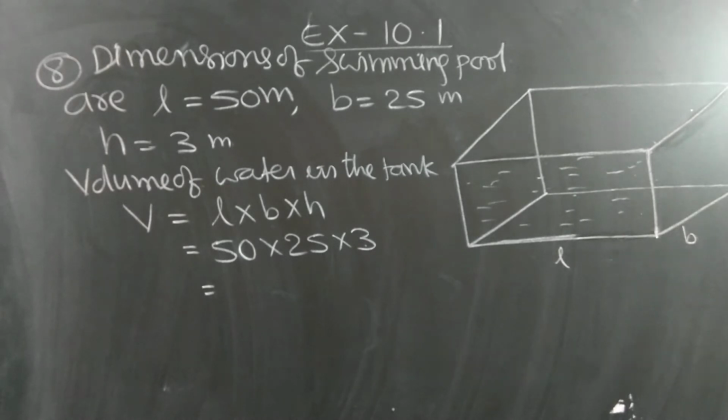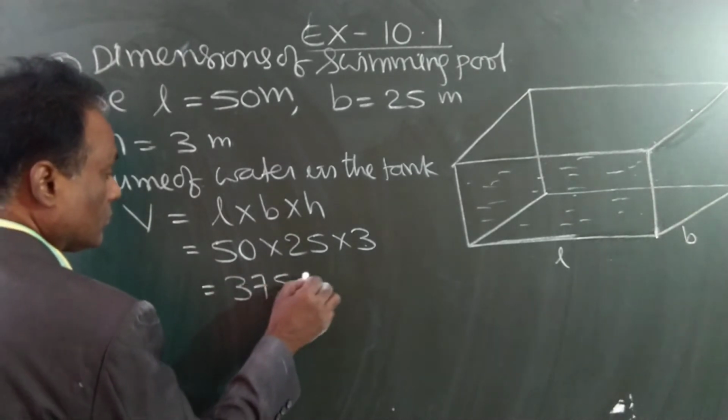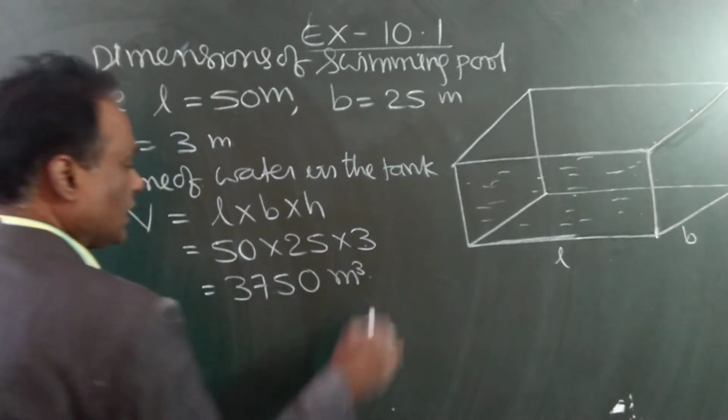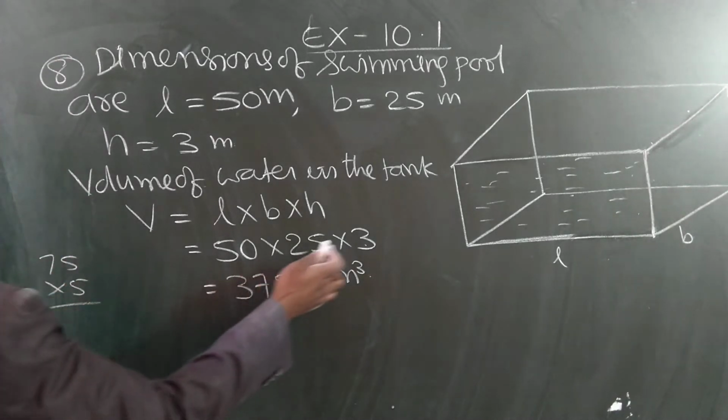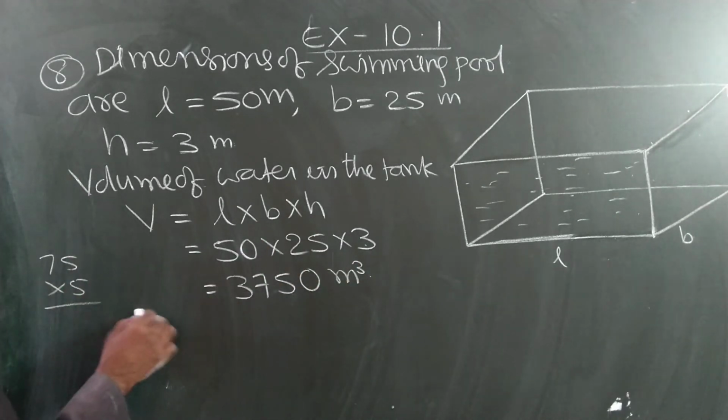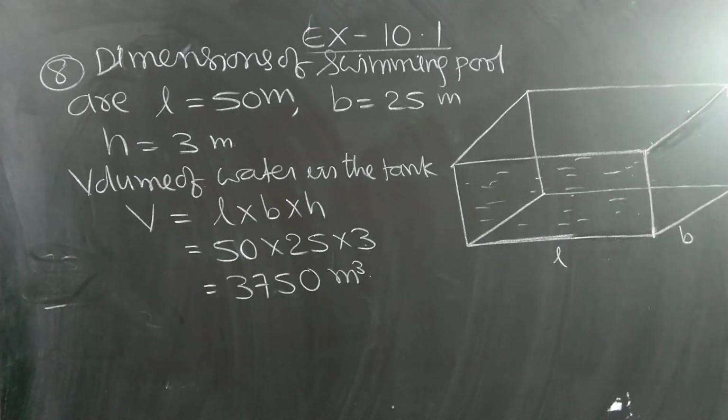Once again read the question. 25 fives are 125 into 3. Meter cube. 3750 meter cube.